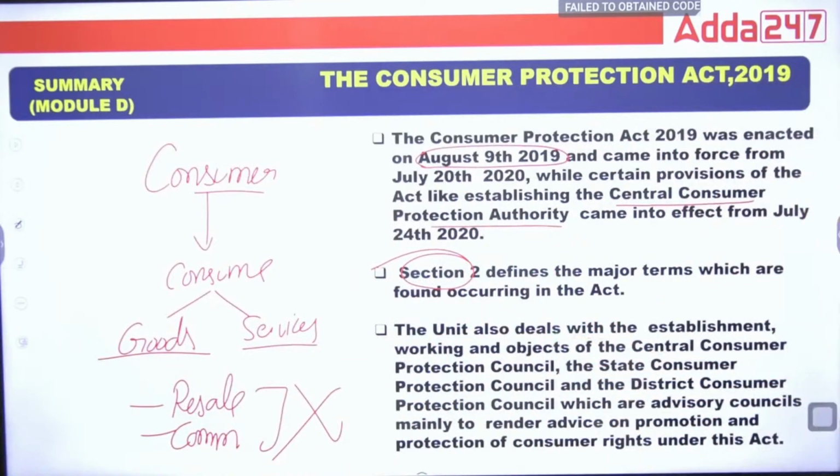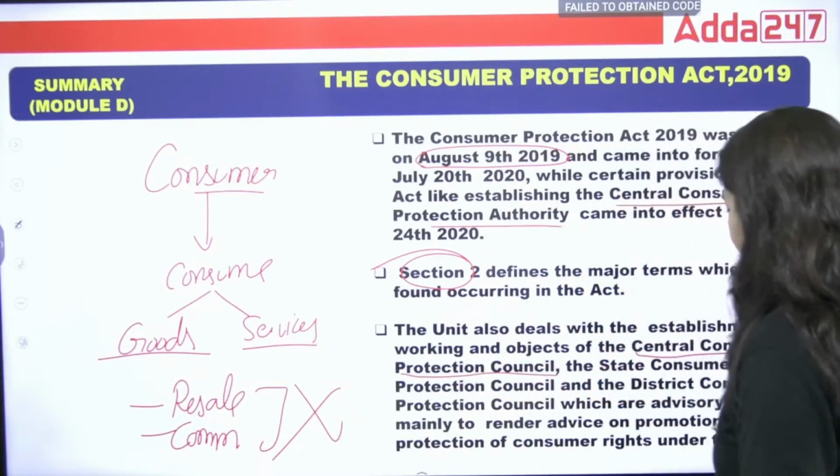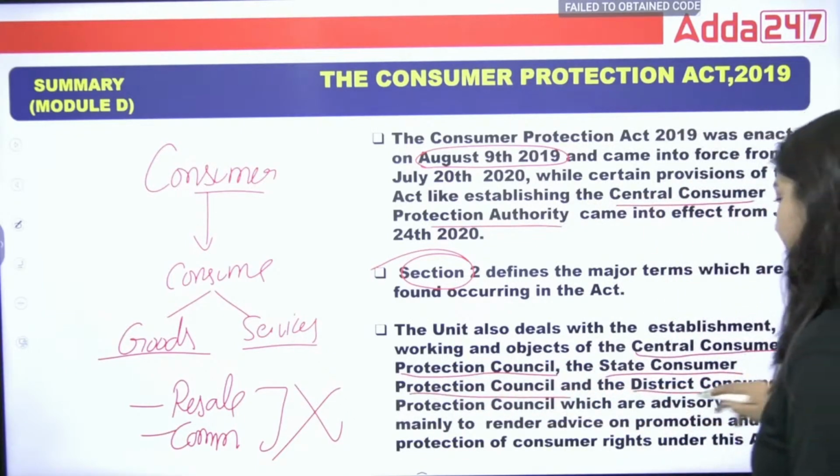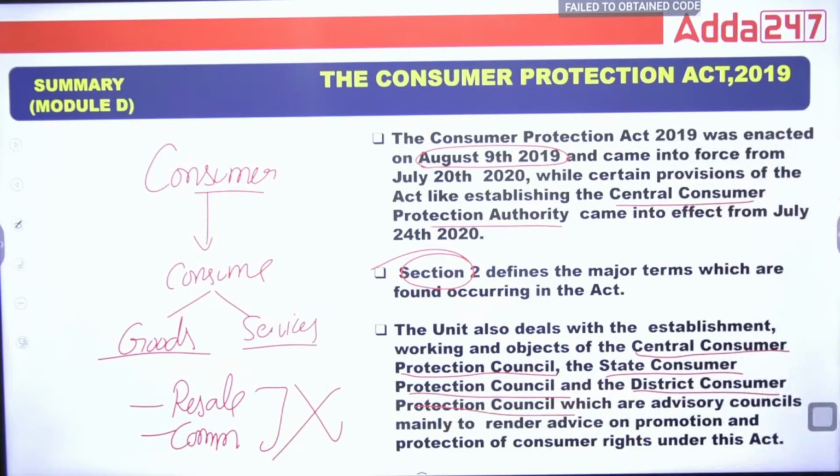The unit also deals with the establishment of what? Central Consumer Protection Council, State Consumer Protection Council, and District Consumer Protection Council, which are advisory councils, mainly to render advice on the promotion and protection.